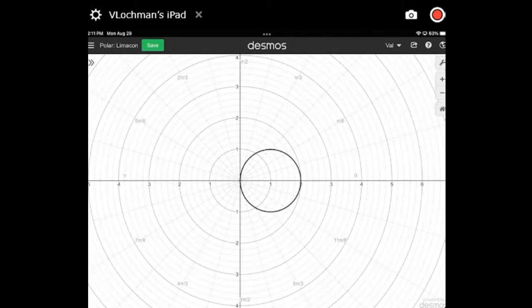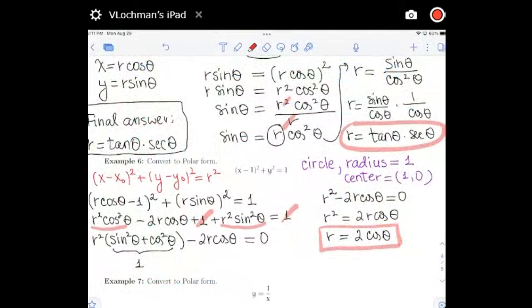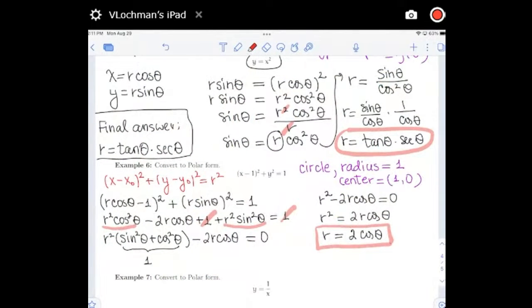Okay, so we gave a description of this object. We showed algebraically that that's what that is. Yep. Okay. All right. So let me go back here to the notes. Let me pause here for a second. Okay. r is equal to 2 cosine theta. That's our final answer. Okay, do you guys have any questions?